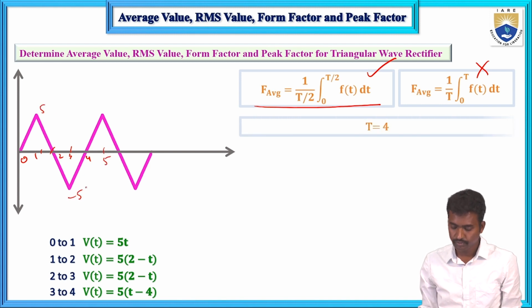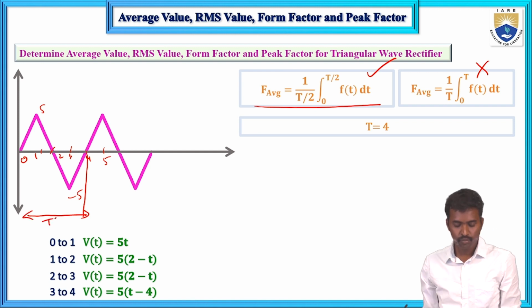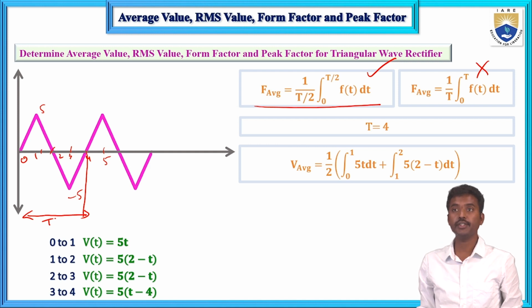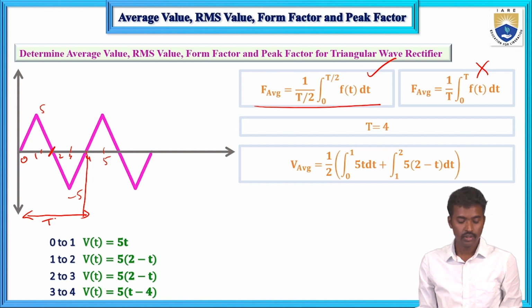The time period is 4, up to here. Time period is 4, but you can consider one alternation only for the average value, because it is a symmetrical waveform.